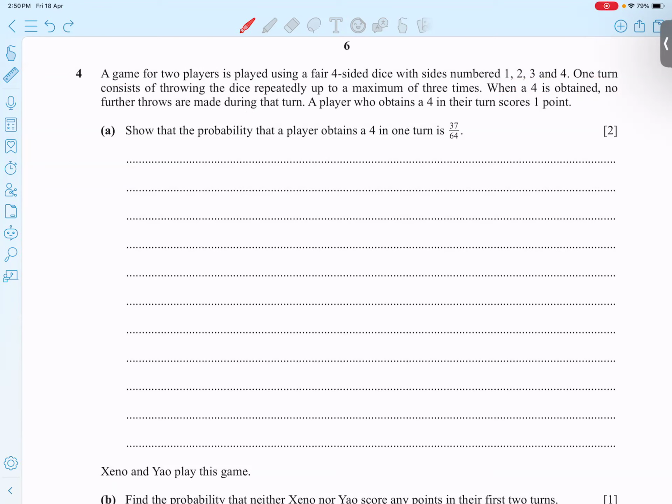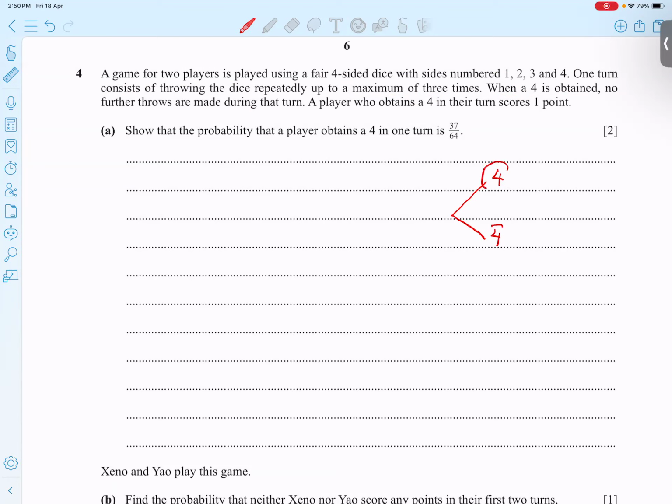In case he's not getting 4, he will try again. When he gets a 4, no further turn is made. But how many times? Maximum 3 times. I give an example to understand. This is the first attempt. He gets a 4, success, and not 4, not success.